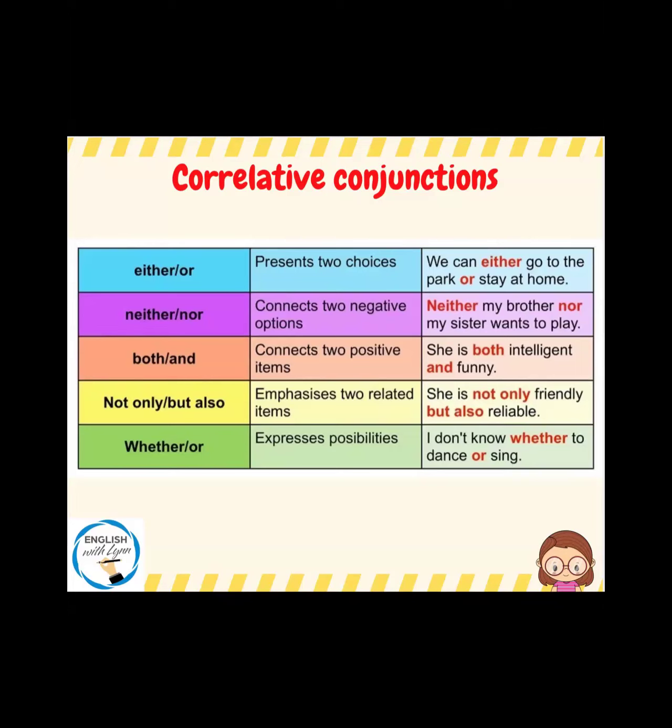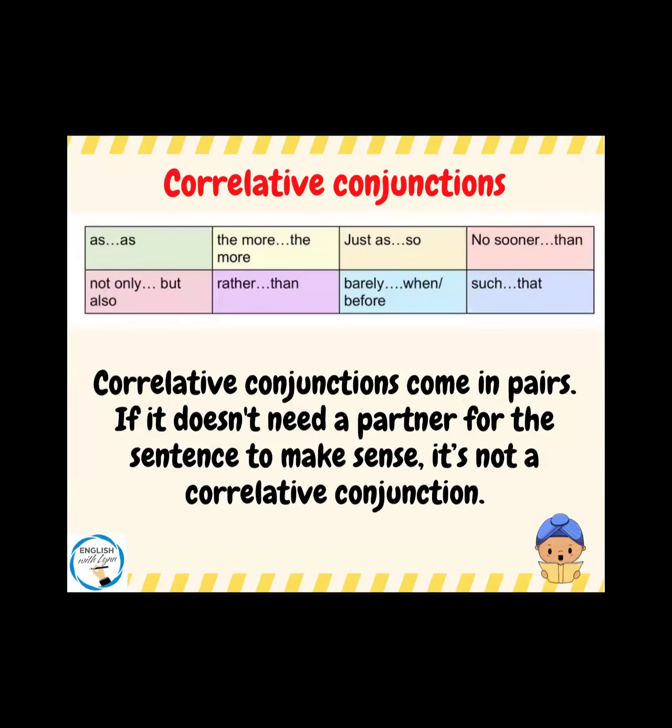And then some of the other correlative conjunctions, you've got the more, just as something, so, barely. And barely when, or barely before, is showing the immediacy, and it's showing kind of a short gap between events.